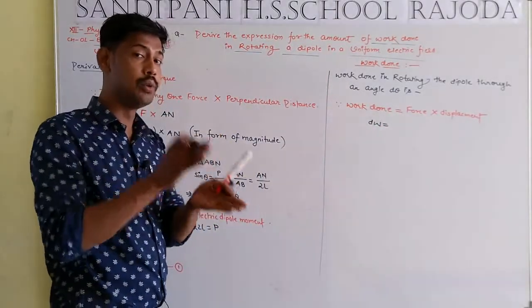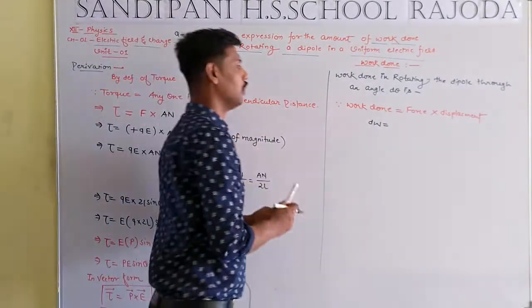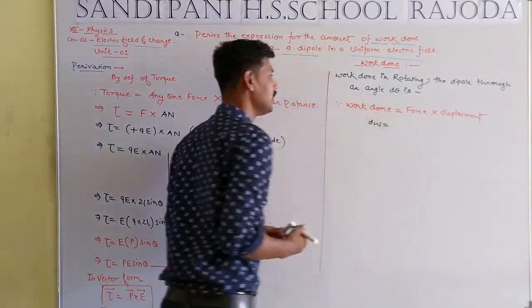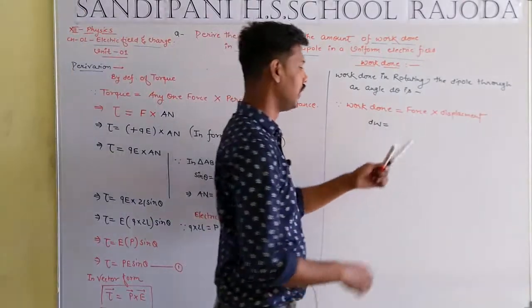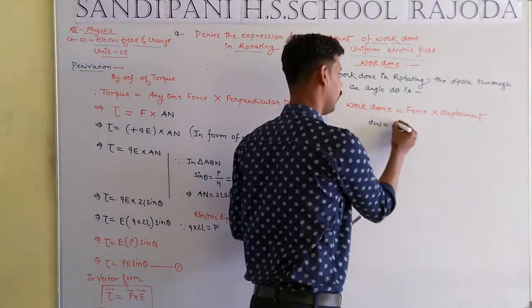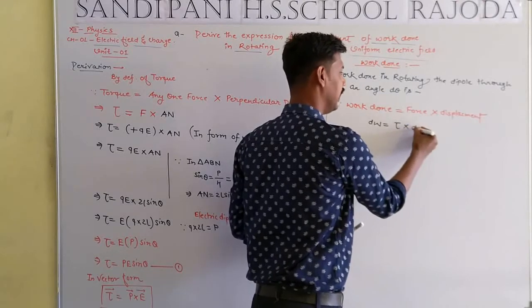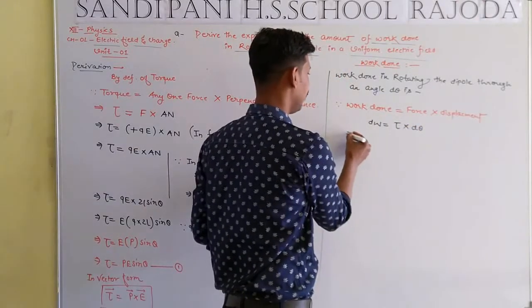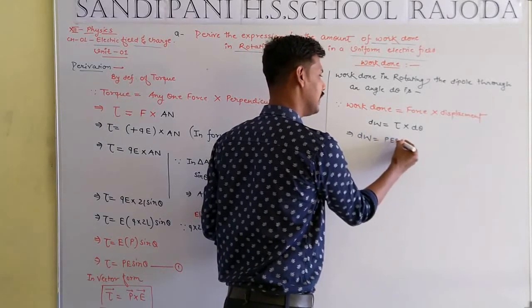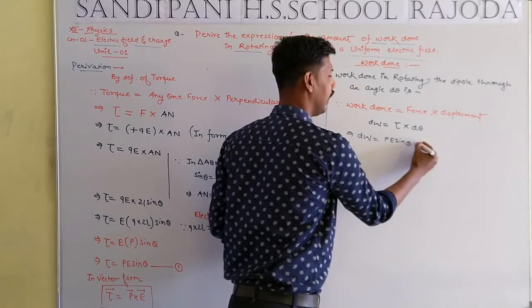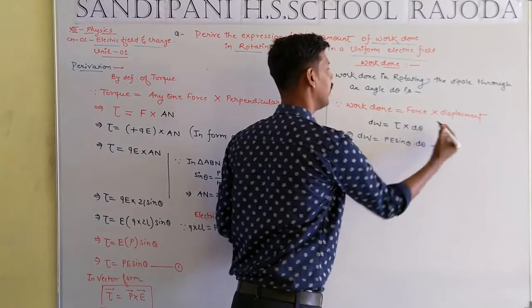Theta means W, d theta means dW. Force here is known as torque. So dW equals tau into d theta. What is tau? Tau will be equal to P E sin theta d theta, equation number 2.